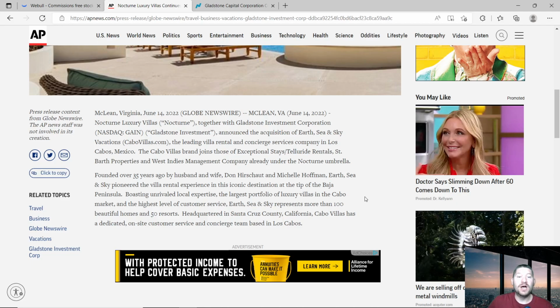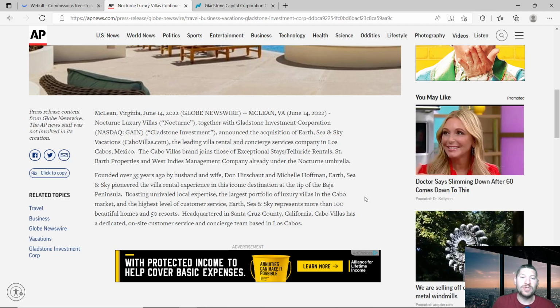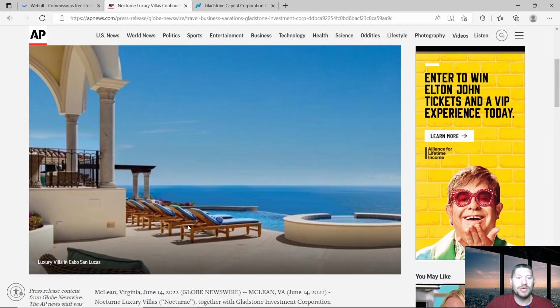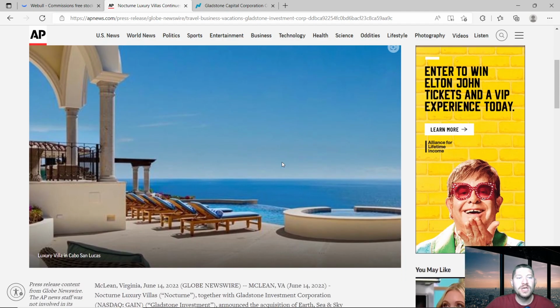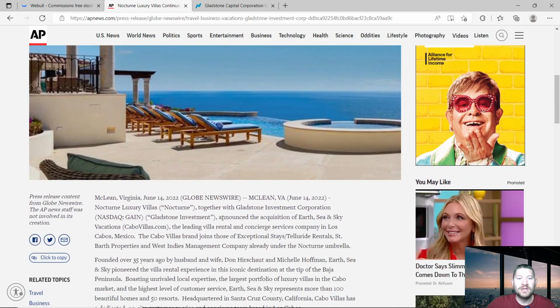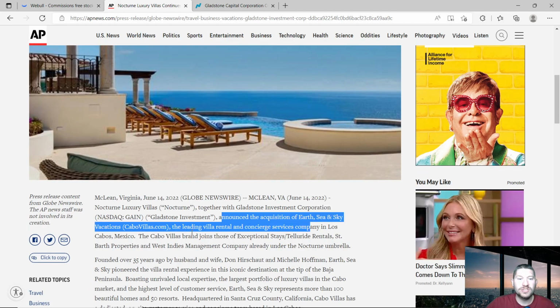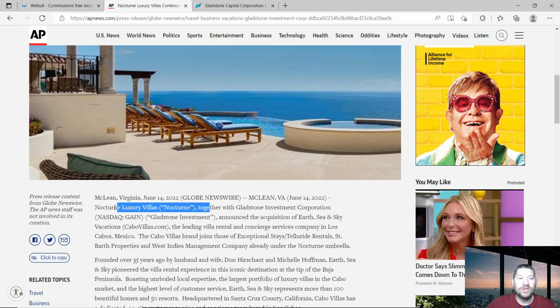So this is a great acquisition of Earth, Sea, and Sky Vacations. Here's a picture right here of one of the villas in the Cabo San Lucas area. Super beautiful. Gladstone again announced the acquisition of this company together with Nocturne Luxury Villas.